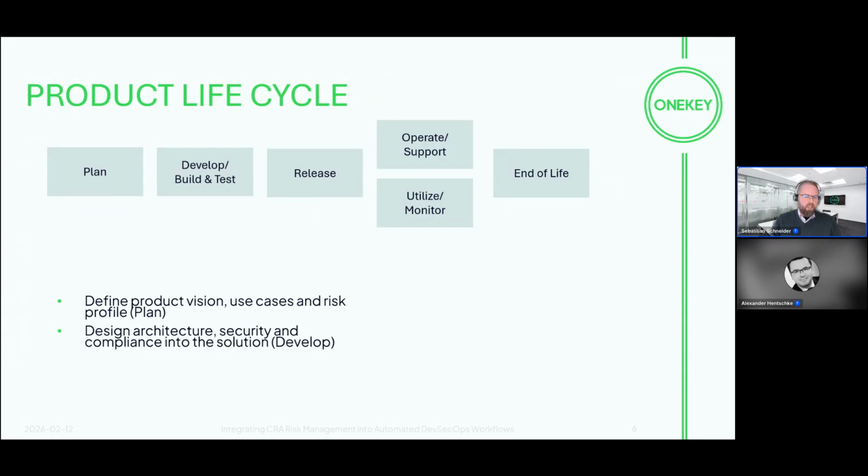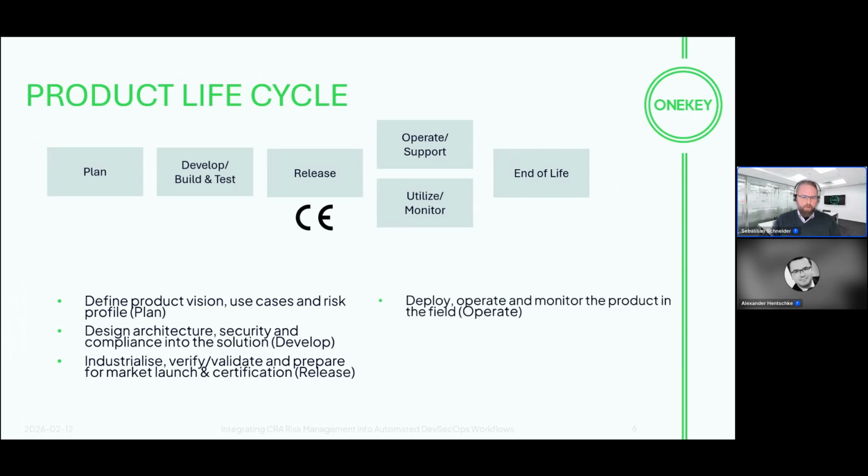You're actually building a product that is then made ready for release. You have your final validation and testing. You ramp up the production, and that's usually the point where a CE sign is also placed on the product, where you have your declaration of conformity ready, and then the product enters an active phase.